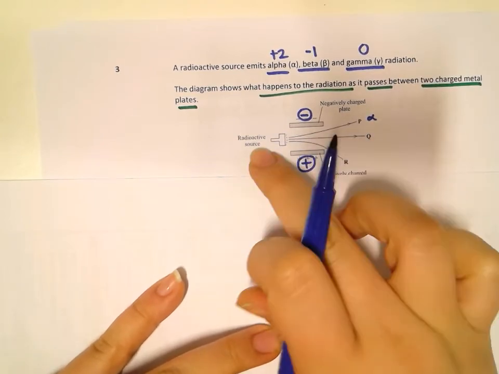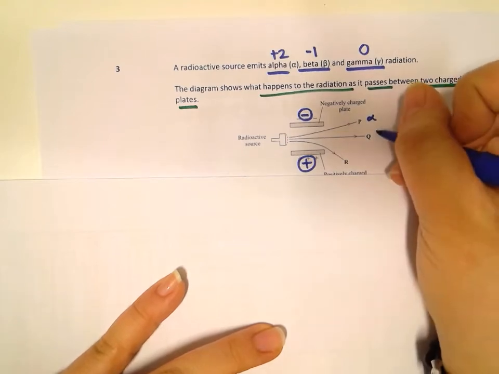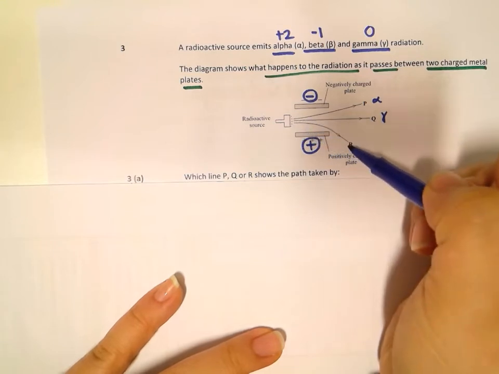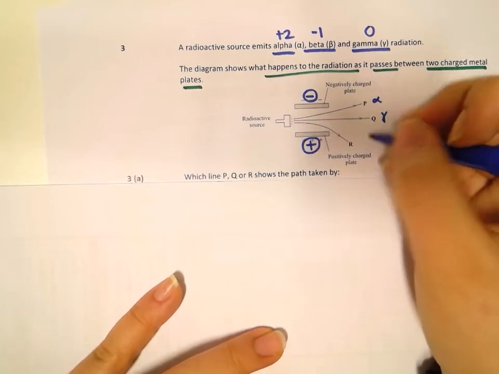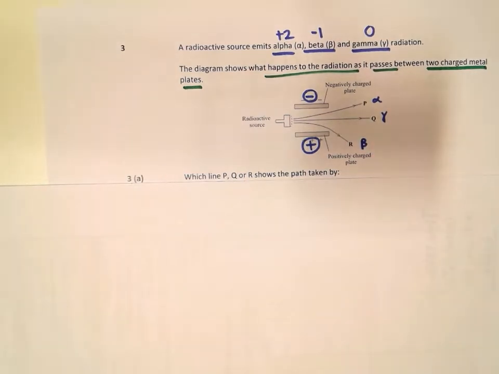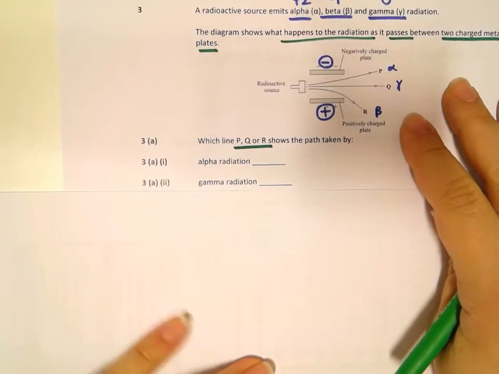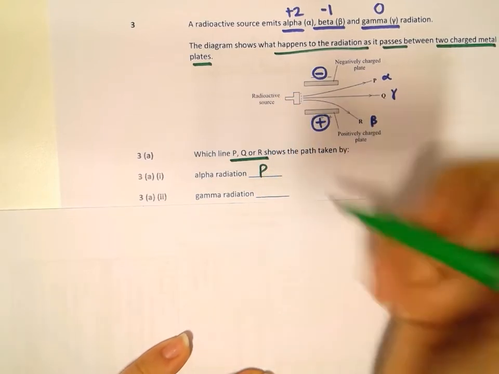Q passes straight through, it's not attracted, therefore with no charge it will be gamma. And lastly, R, because it's attracted to a positive plate, and opposite charges attract, R will be beta. So which line, P, Q or R, is the path taken by alpha radiation? It's P, and gamma radiation, Q.